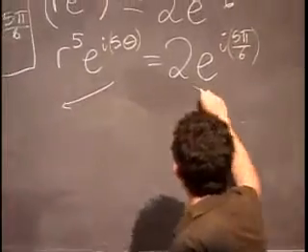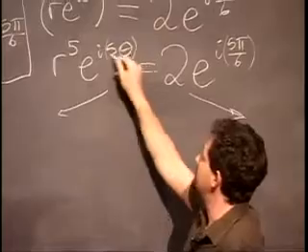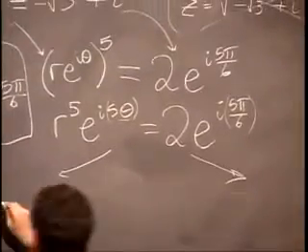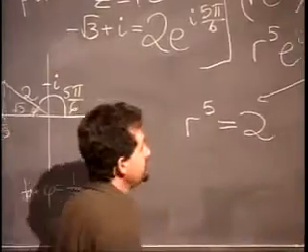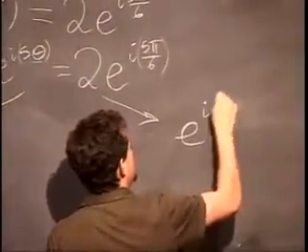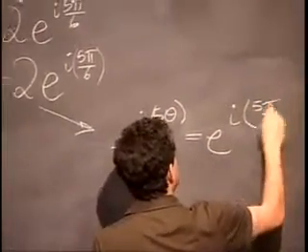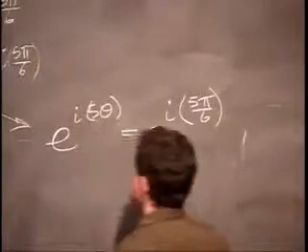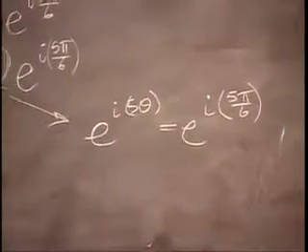We can equate the modulus and then the argument part. This is called argument. So anyway, we get r to the 5 equals 2, and we get e to the i 5 theta equals e to the i 5 pi over 6. So it breaks up into two, which is great because we need to find both r and theta.